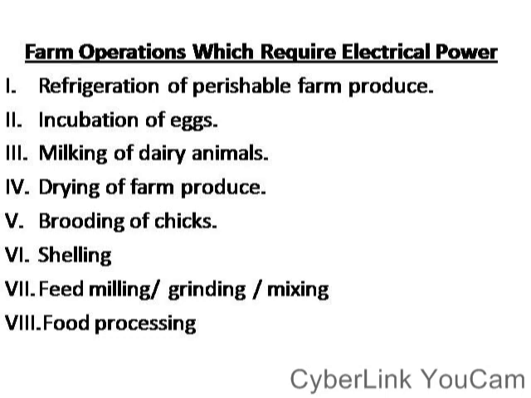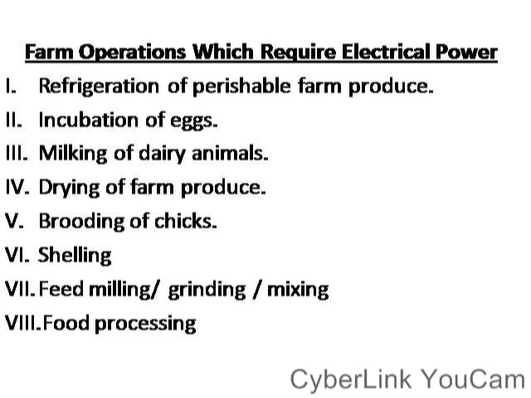electrical power. One is refrigeration of perishable farm produce such as vegetables, fresh meat, fish, and tomato as well. Then incubation of eggs: there is a machine called incubator that is used to hatch fertilized eggs into chicks.